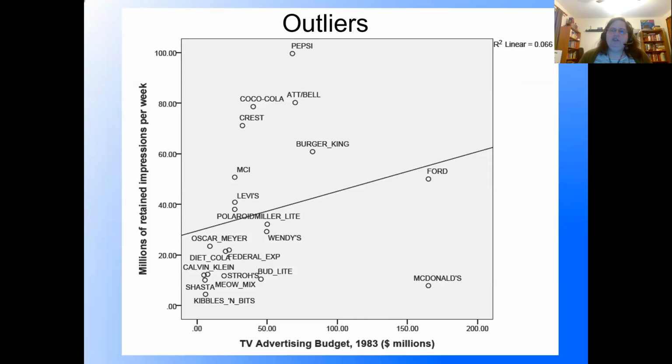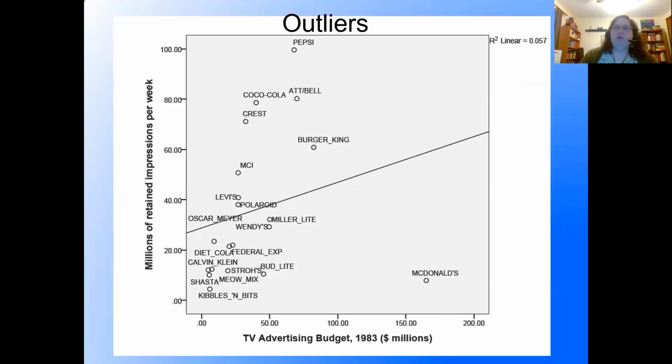So which outlier do you think is most influencing this relationship? Is it Pepsi? Is it Ford? Or is it McDonald's? Take your guess. Then we're going to remove these one at a time and see what happens to our line. Okay, let's start.